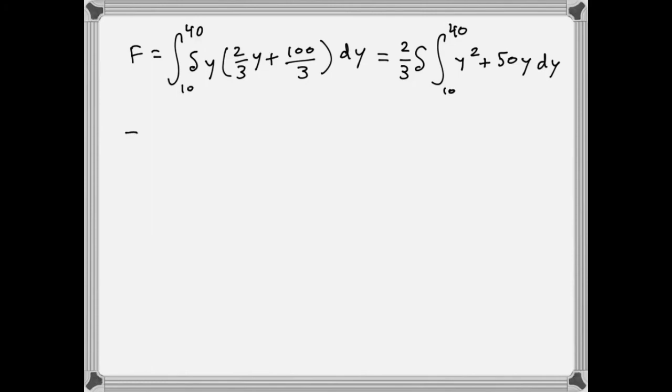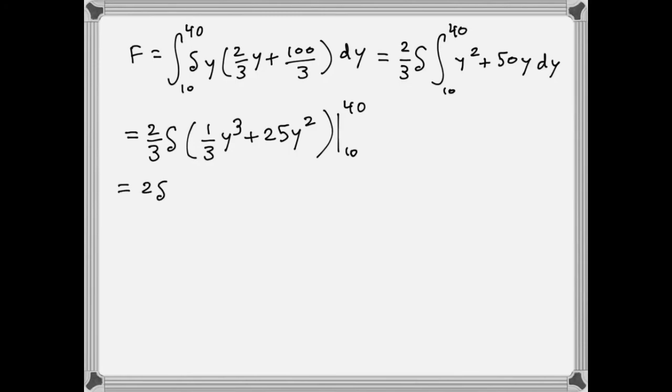So what do we get here? So this is going to be 1/3 y cubed and then plus 25y squared. And we're going from 10 to 40, right? So what do we get if we multiply 40 by itself 3 times? So 40 times 40 times 40, 64,000 over 3.